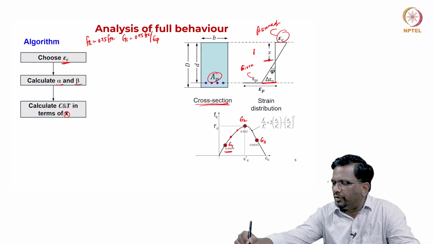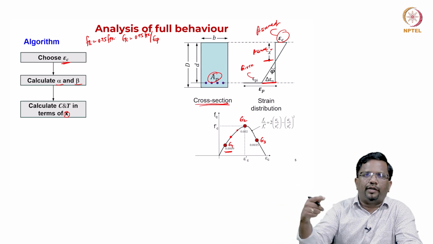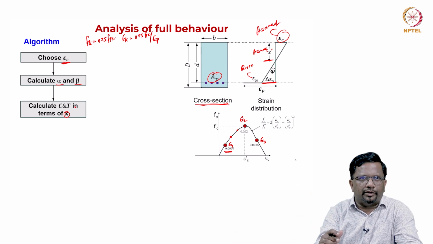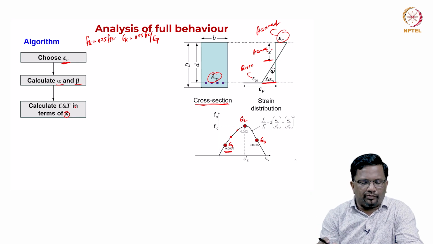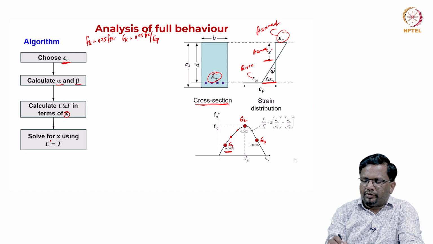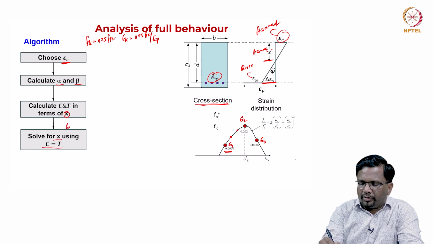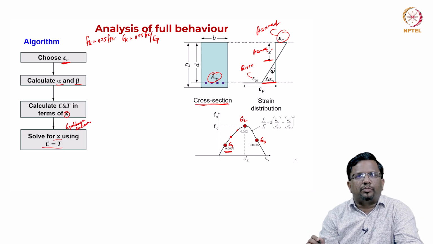But I have to iterate in such a way that compression and tension force are in equilibrium. So, calculate C and T in terms of x, the assumed value of neutral axis depth, then solve for x using C is equal to T, which is your equilibrium condition.